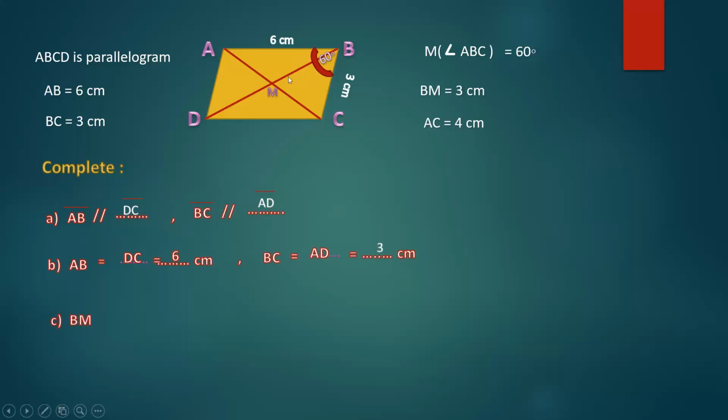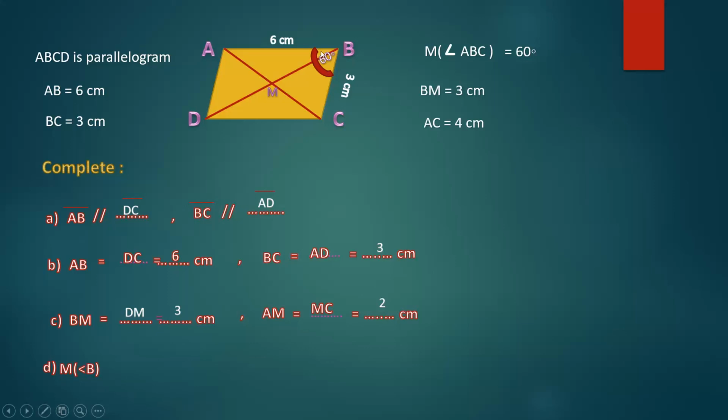BM equals what? This is the diagonal, and the diagonals bisect each other, so BM equals DM equals 3 centimeters. AM equals MC equals 2 centimeters, because AC equals 4 centimeters, so if we divide it into 2 it will be 2 centimeters.